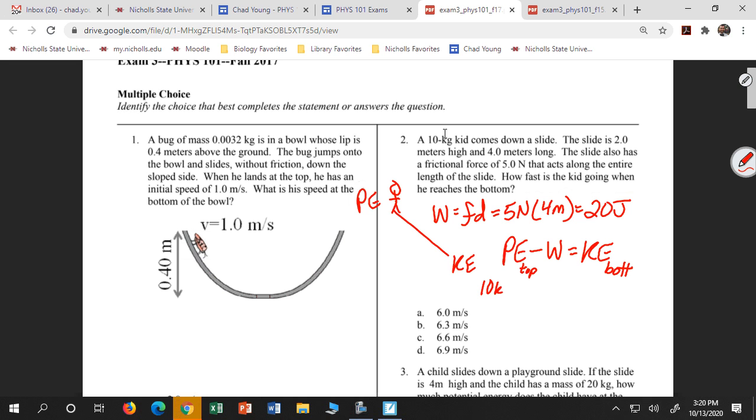That's 10 kilograms times 10 meters per second squared times h, which is 2, minus the 20 joules due to the frictional force, is equal to 1/2 of 10 times v squared. That frictional force takes energy away from the kid as he comes down. It slows him down. Now I can solve this for v.